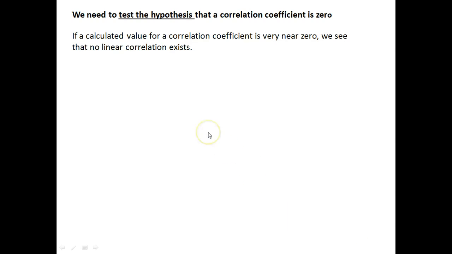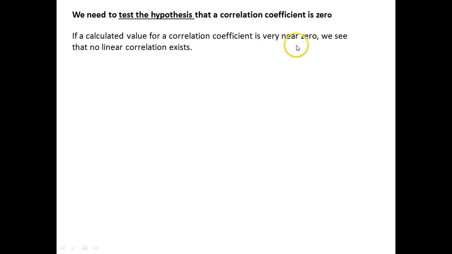Now, we need to test the hypothesis that a correlation coefficient is 0 or not, because sometimes the value can be quite far away from 1 or minus 1, maybe 0.5 or something, and we need to test to see if a correlation exists or not.